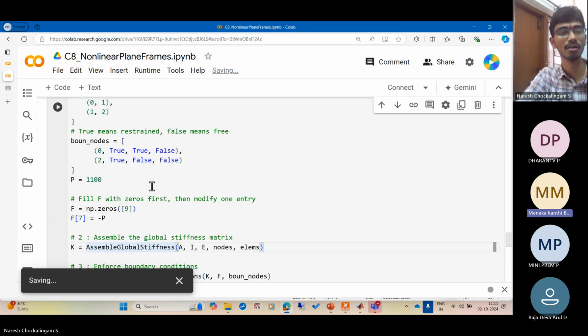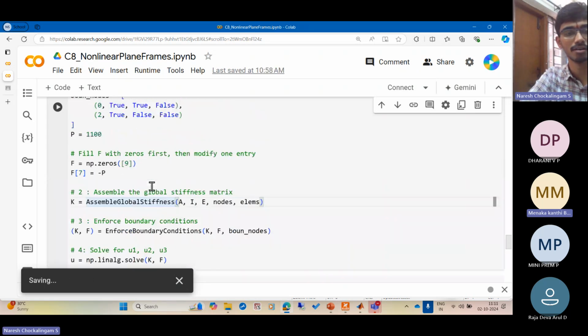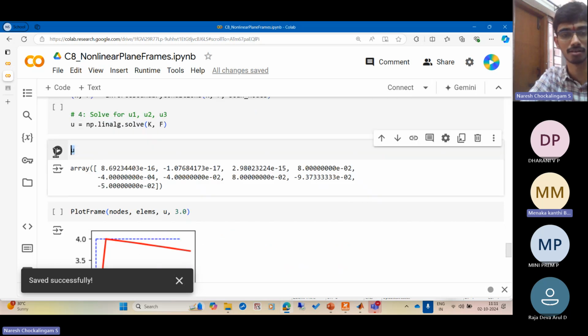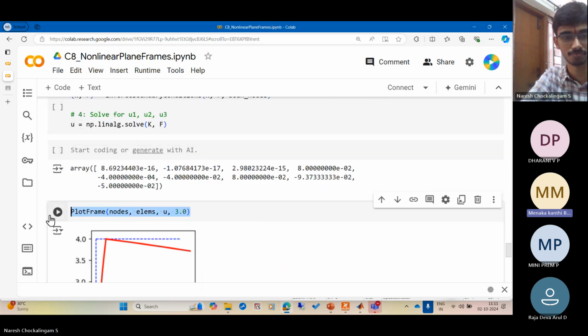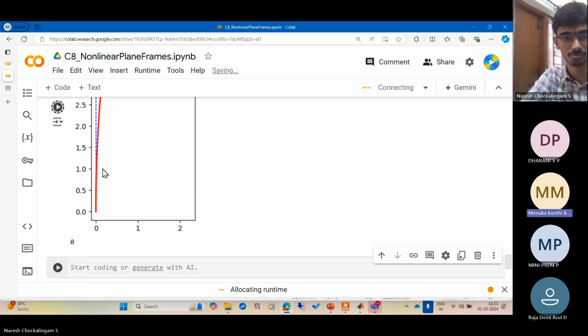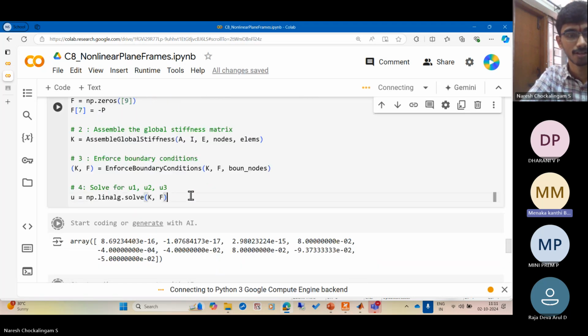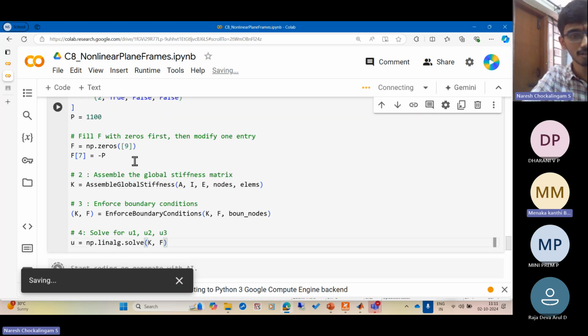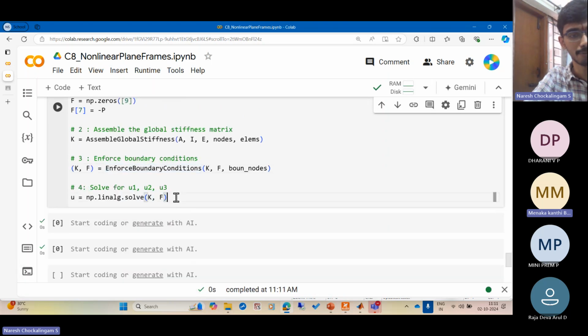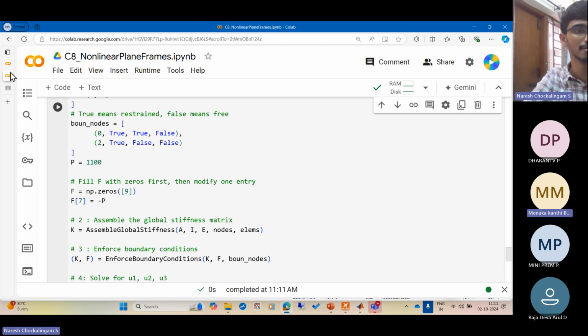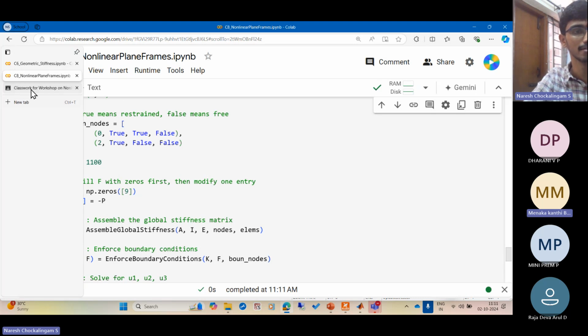You can tell me what we have to do. So this is like one iteration of Newton-Raphson: we assemble the stiffness matrix, enforce boundary conditions, and solve. This is just one step, but we have to do it many times. So recall what we did last time.